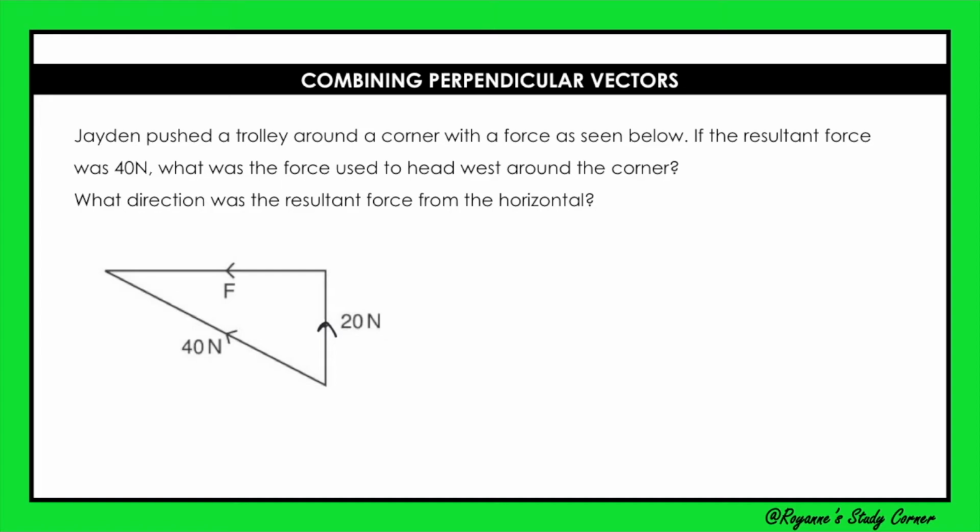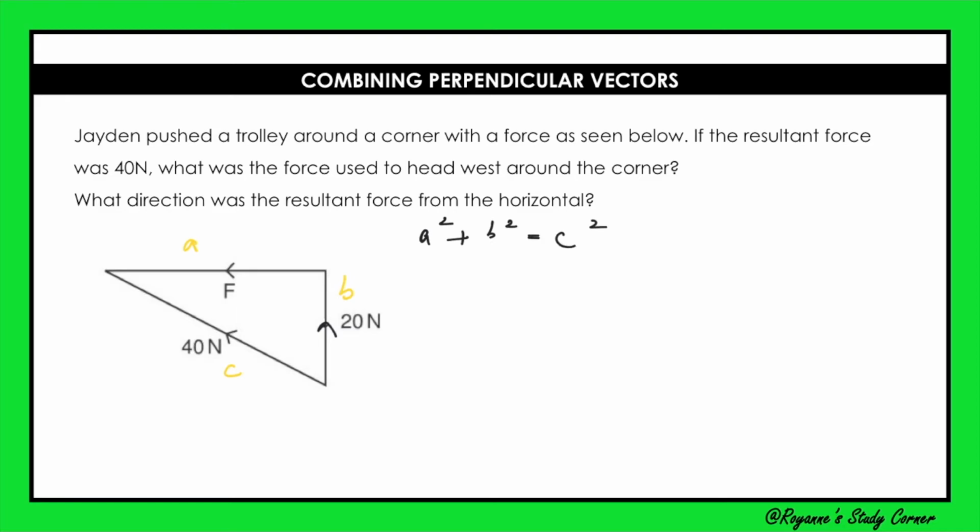So rather than having to find the resultant like we did before, now we have to find a missing side. But here's the thing, the process is still exactly the same, because I'm going to use Pythagoras' Theorem just as I used before. So if I label each side as something, let's say I label here A, I label here B, and I label here C, then I can use Pythagoras' theorem and say that A squared plus B squared is equal to C squared.